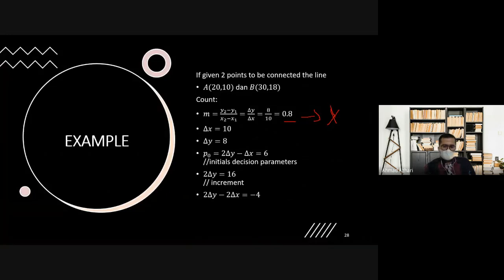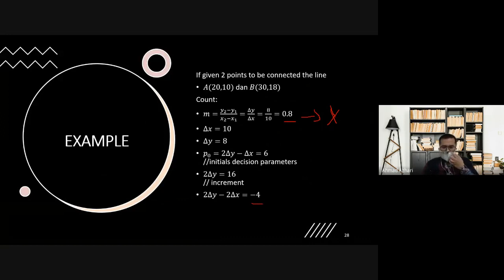So we got delta y as 8 and delta x as 10. So 2 multiplied by 8 is 16, minus 10, which equals 6. And then 2 delta y is 16, and 2 delta y minus 2 delta x, with 2 delta x being 20, will be minus 4.